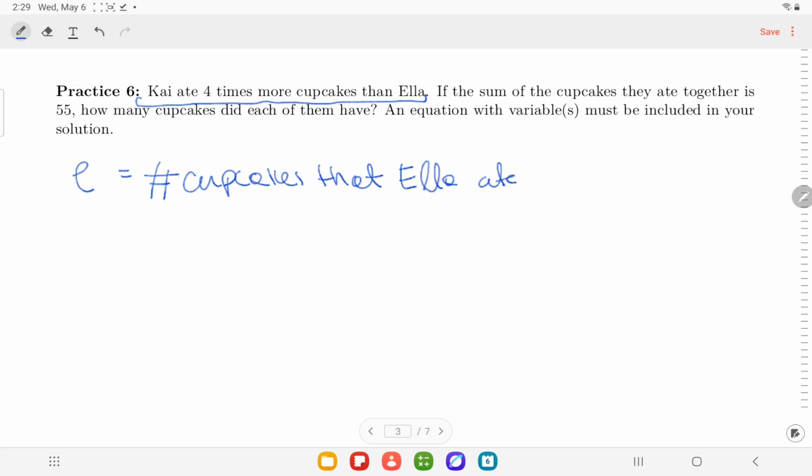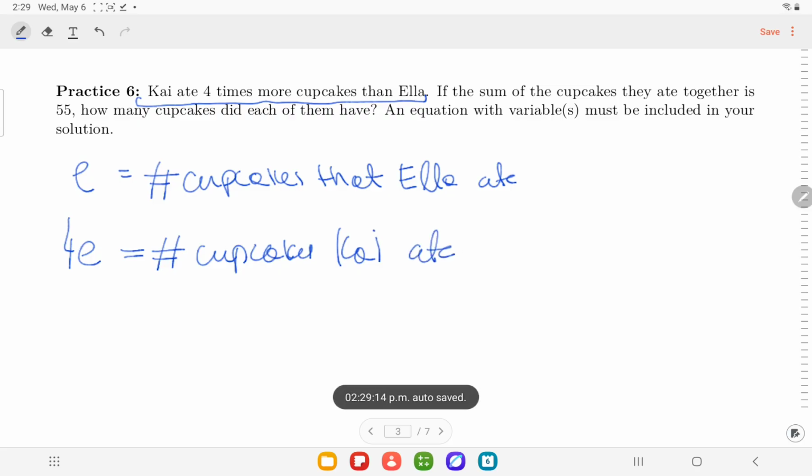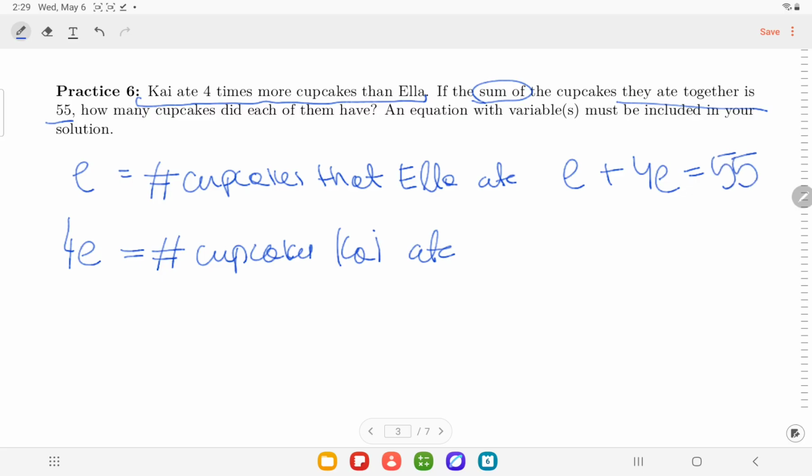And then the number of cupcakes that Kai ate is going to be 4 times E. And we know that the sum of the cupcakes that they ate is 55. So we know that E plus 4E is 55.